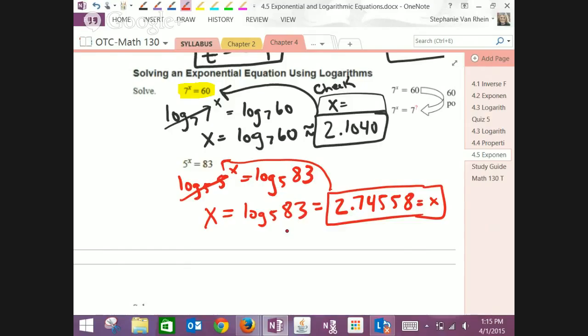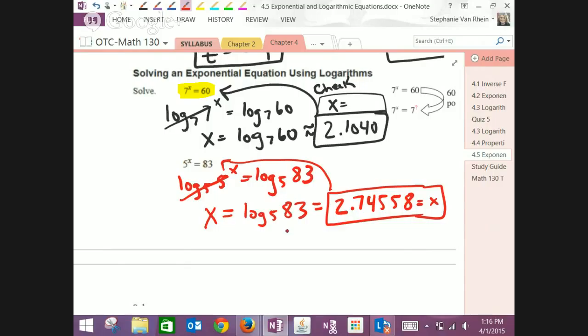If you want to evaluate log base 5 of 83, you put log of 83, and then in parentheses, divide by log of 5, in parentheses, enter. And that's going to give you what log base 5 of 83 is.